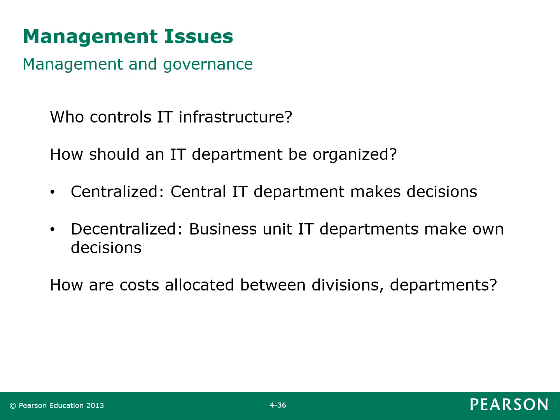They are responsible for all IT of an organization. Decentralized means business units: every department in the organization has its own IT department, and these IT departments make their own decisions.